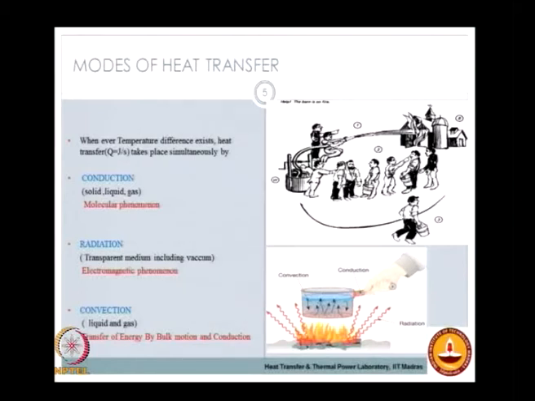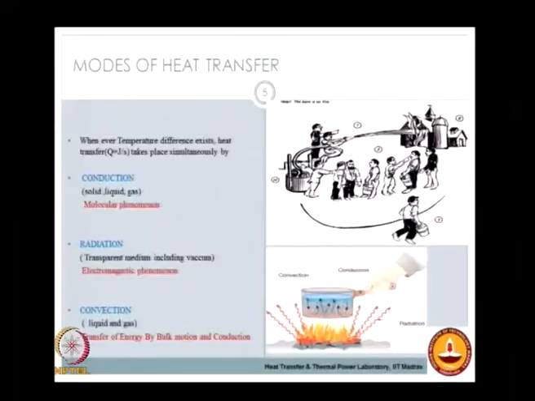Essentially this is happening due to the collision between the molecules in a particular medium, and it's like an exchange or transport of heat between the different persons or different molecules participating in this medium.